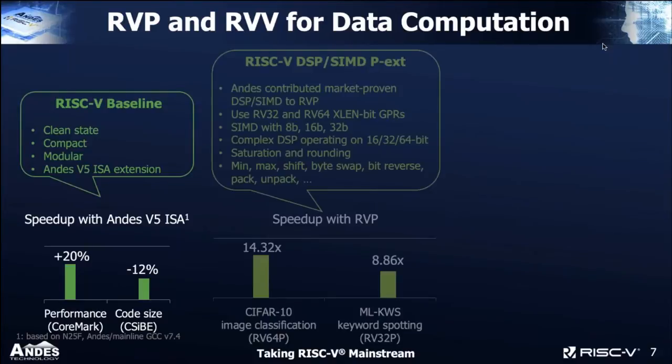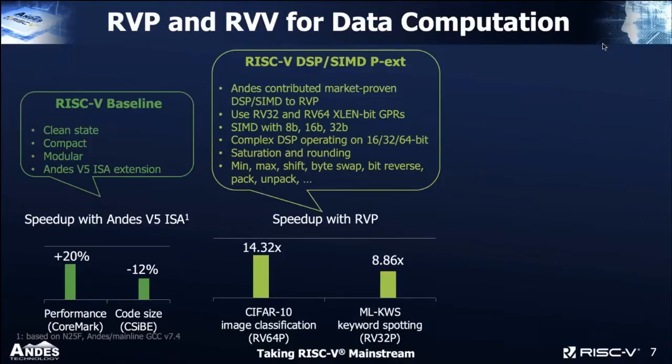When we add the DSP or SIMD P extension, we can start accelerating the math-specific functions. Over the baseline processor on the left, we can speed up image classification CIFAR-10 by about 14 times. So basically, the CPU could run 14 times slower and provide the same performance.